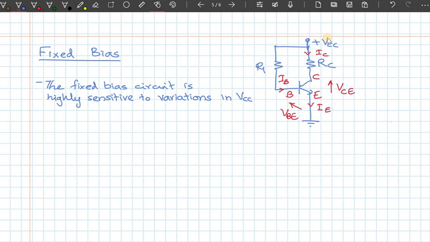Another very popular biasing scheme is called potential divider biasing. Okay, so potential divider biasing is another biasing scheme.